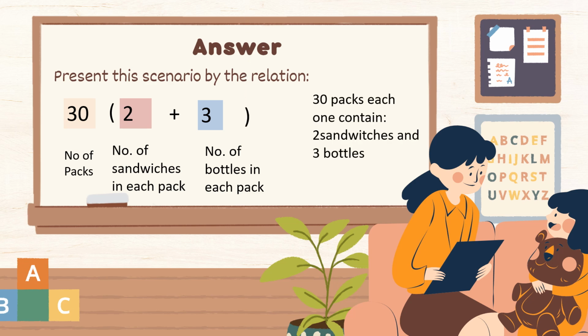This is the scenario, or what will be contained in each bag. 30 bags, each one contains 2 sandwiches and 3 bottles. This is the relation representing what Dina will do.